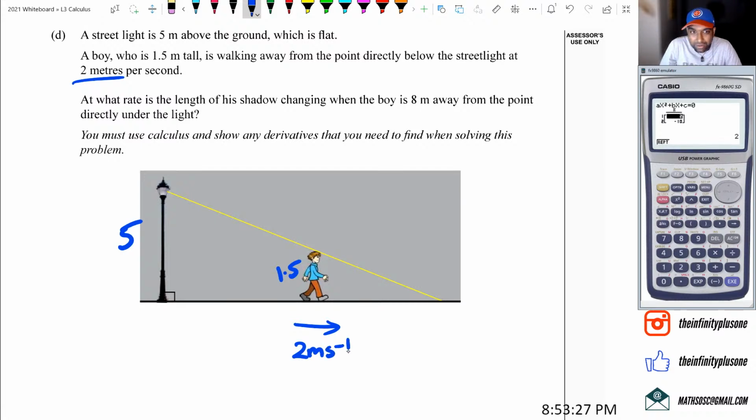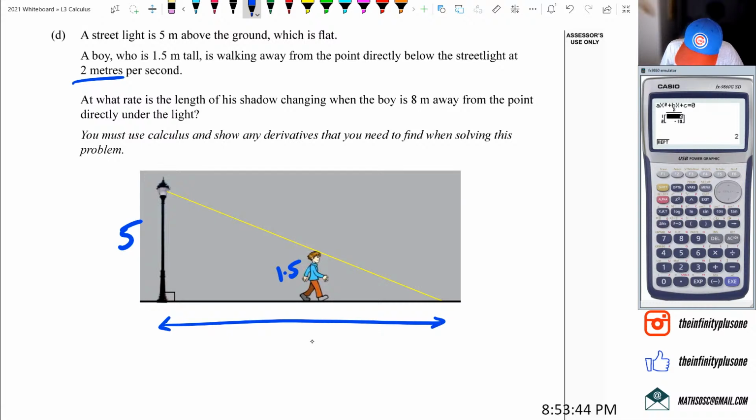Now, the units are a big giveaway, because it's meters per second. It's like distance over time. We haven't figured out what distance, but basically we can say that this whole thing is walking away.